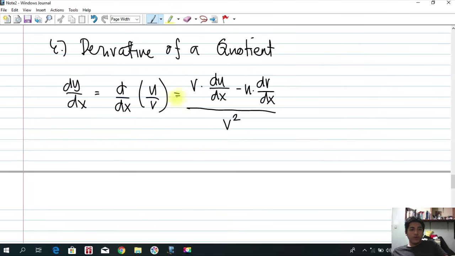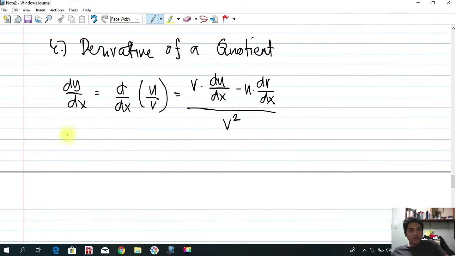So what we are going to do first is get the denominator, then multiply it to the derivative of the numerator, minus the numerator multiplied by the derivative of the denominator, dv over dx, all over the denominator squared.